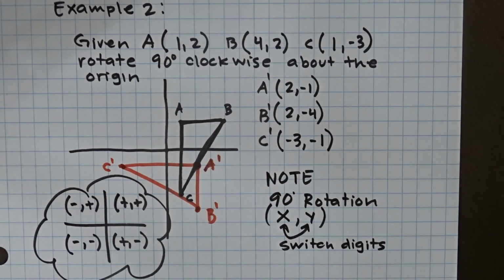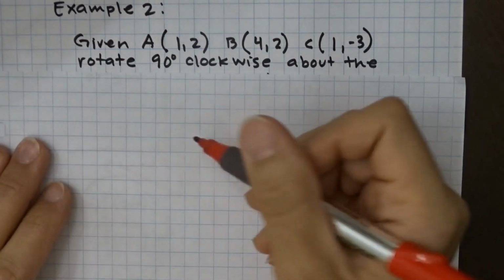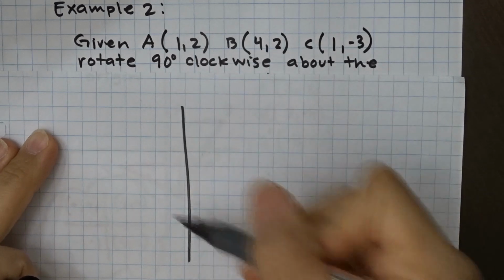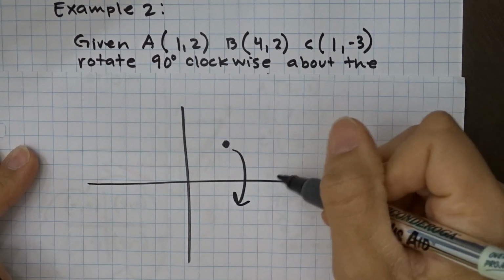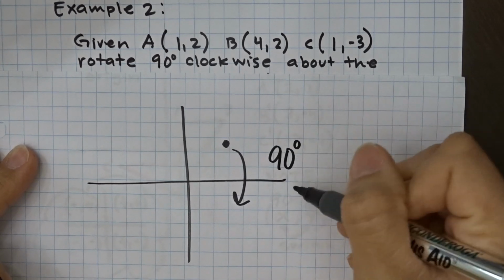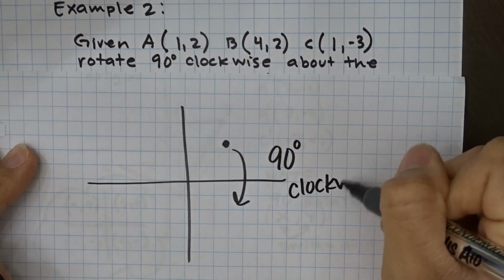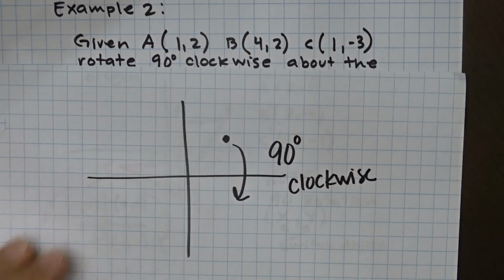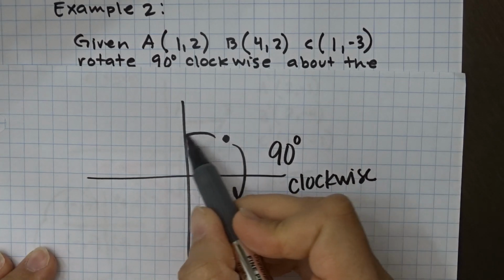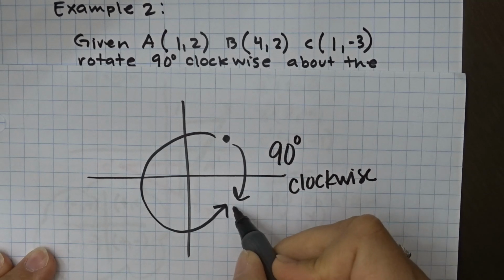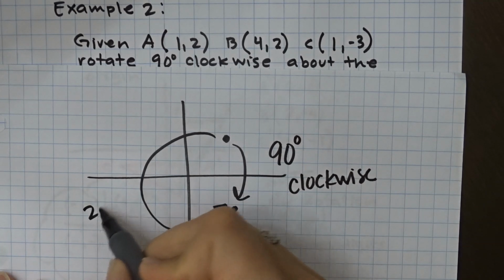Rotating figures about the origin: 180 degrees, 90 degrees, and the only one we did not do is the 270 degrees. I can get this point into this quadrant by doing a 90-degree clockwise rotation. But I can also get this point into this quadrant by going 270 degrees counterclockwise.